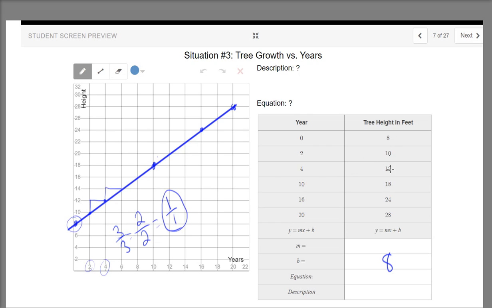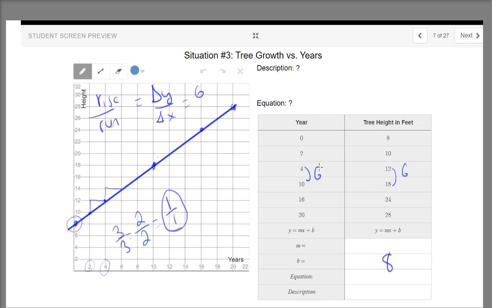All right, so we can pick any point. Let's pick this one. It was 12 feet, and the next time we see it's going to be 18. So the difference here is going to be 6. The rise over run is the same thing as change in y over change in x. So it changed from 12 to 18, it changed by 6, and the length of time was from year 4 to year 10.